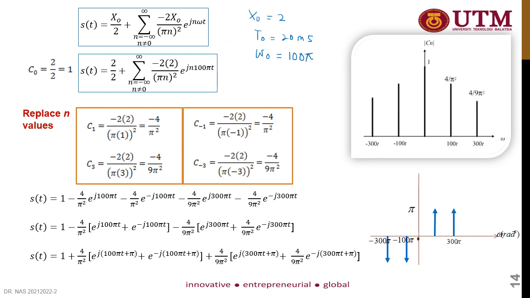From the general equation, C0 plus summation of Cn e^(jn omega t), you can replace your omega with 100 pi, and then replace x naught with 2. Then you just need to calculate Cn based on the n values.